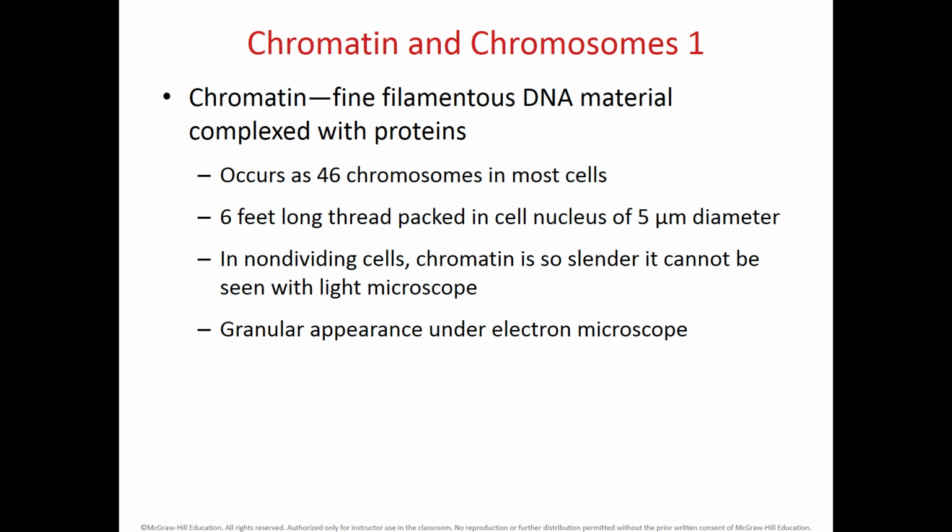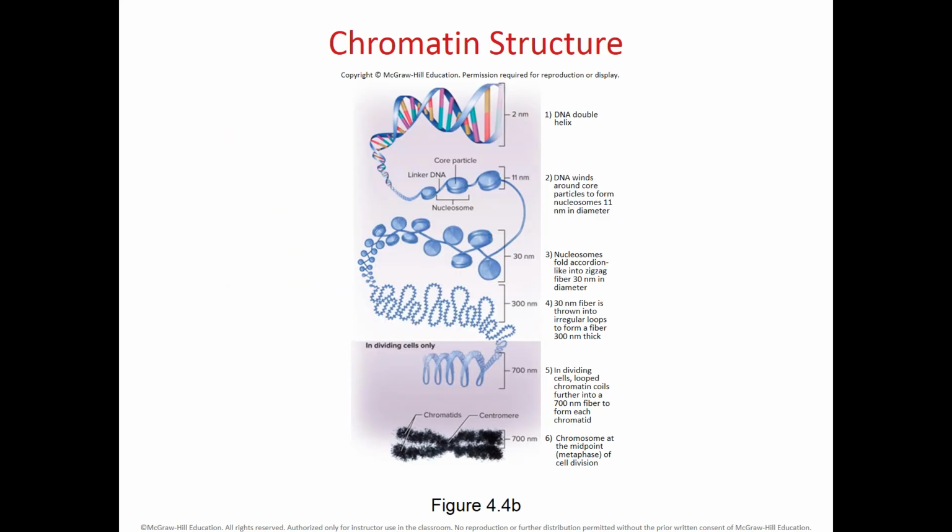And then if you use an electron microscope instead of a light microscope, this chromatin will have a granular appearance. So this is how the chromatin looks. Chromatin is another way of saying DNA at some point.